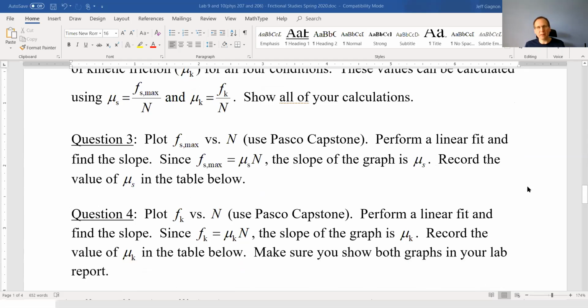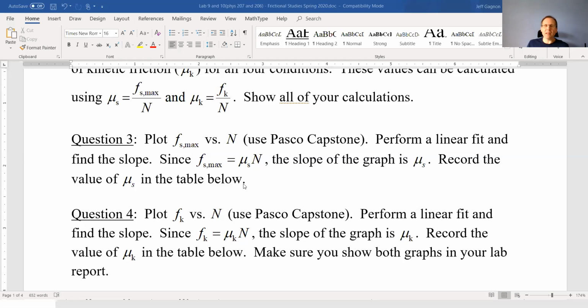So we've done a bunch of graphs before. A linear fit. And because I'm plotting Fs max as my y variable and the normal force as my x variable, this equation, which relates Fs max to normal force, is a linear equation. So really you can think of it as y equals mx plus b, the linear equation.